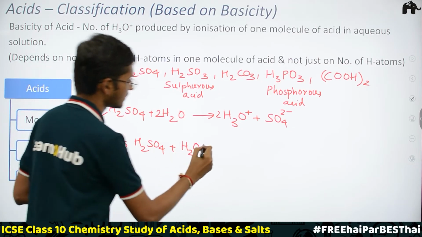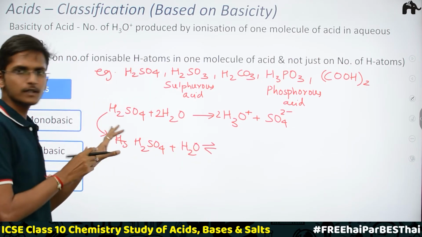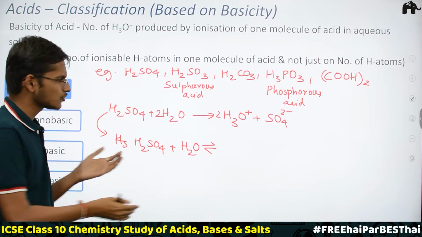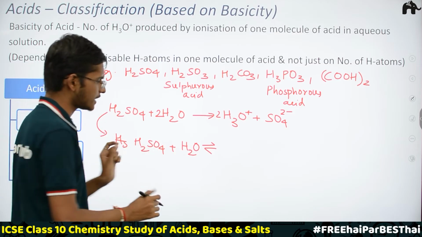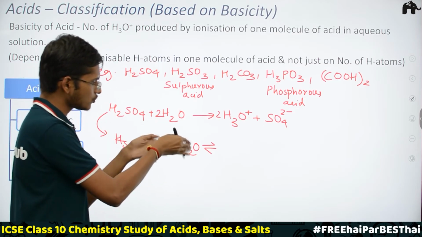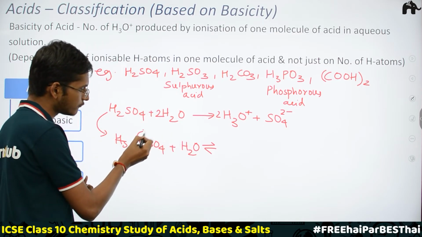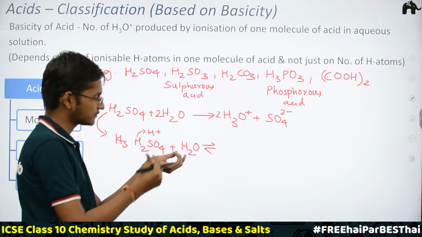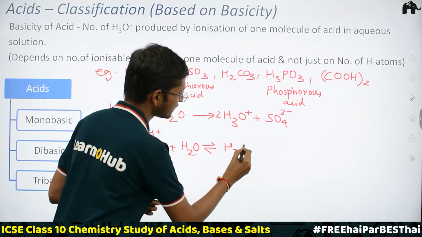Well, when we are showing the ionization in 2 steps or 3 steps, we use the double-headed arrow. So here H2SO4 gives off 1 H plus in the first step. This 1 H plus is caught by the water molecule and forms H3O plus.